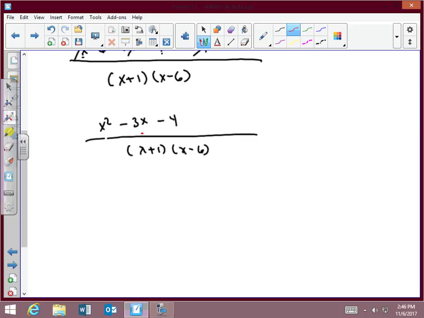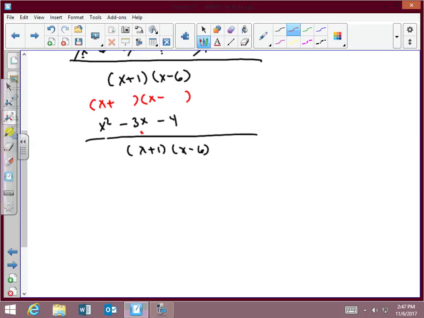Now, can you factor that thing right there? How are you going to factor it? Pair of binomials? An x plus and an x minus, right? Two numbers whose product is 4 and whose difference is 3.